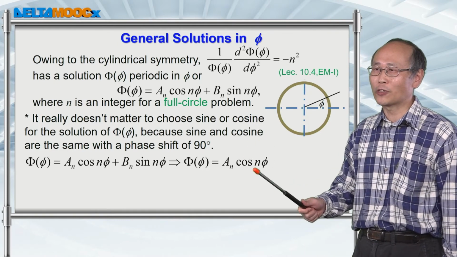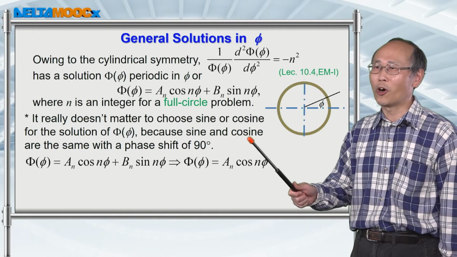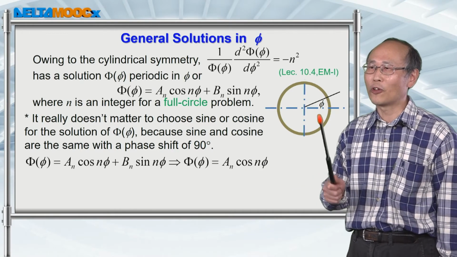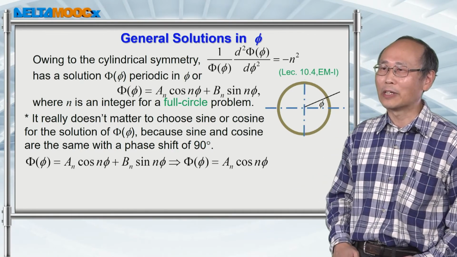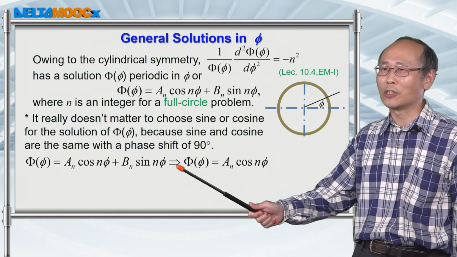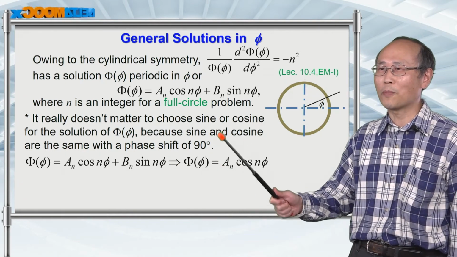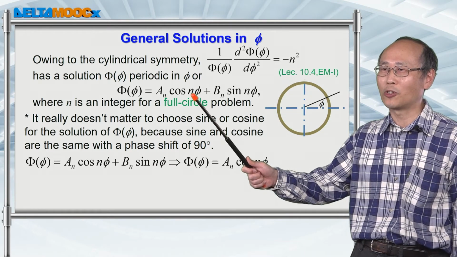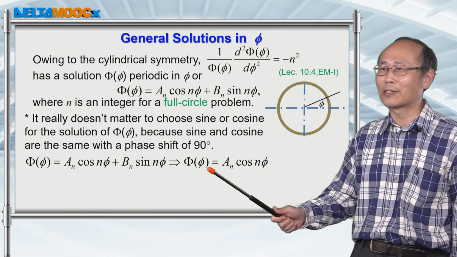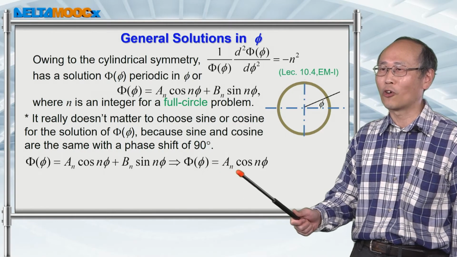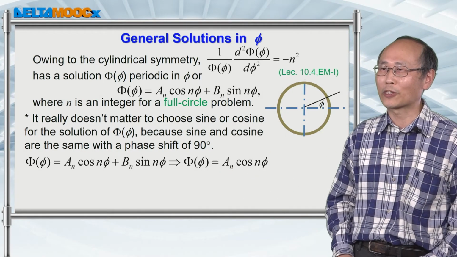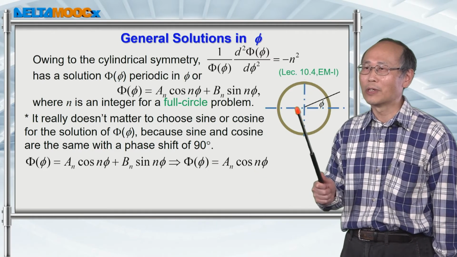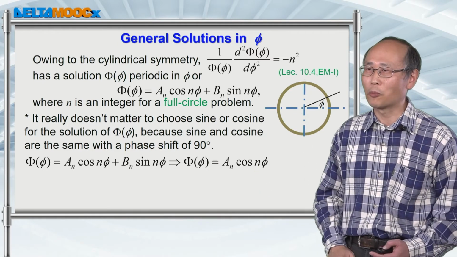So if you choose the solution of cosine, you can always redefine your coordinate by rotating the reference line by 90 degrees to create another solution of sine. So to simplify the discussion, for what follows, we'll just pick up the solution of cosine and write down this function as a coefficient multiplying with cosine n phi. And this n, again, is an integer if you deal with a full circle problem.